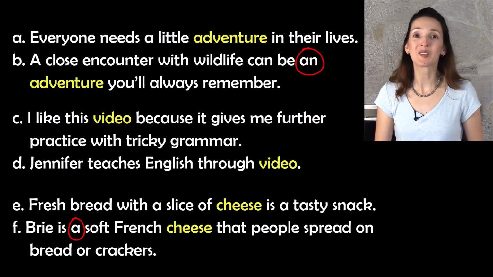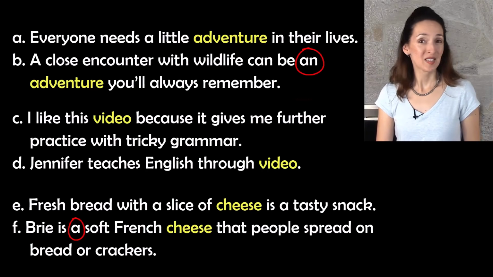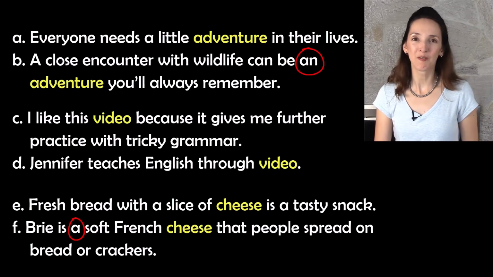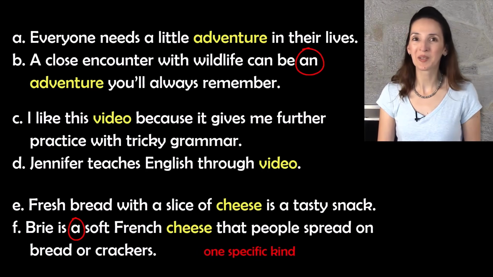Sentence B uses an, so you know I'm using adventure in the countable sense. An adventure, one adventure. Sentence F uses the indefinite article a to refer to a specific kind of cheese, one kind. So it's a countable noun.